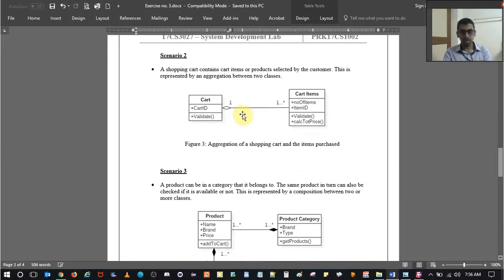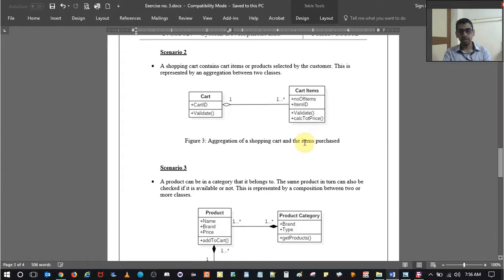The second scenario states that a shopping cart contains cart items or products selected by a customer, and it's represented by aggregation. So here we have a cart, and a cart can contain cart items, and the multiplicity here is one to many. One shopping cart can contain many cart items, with their respective attributes.